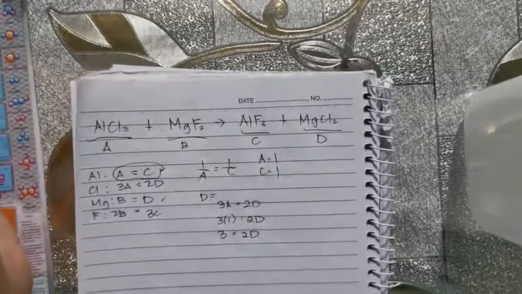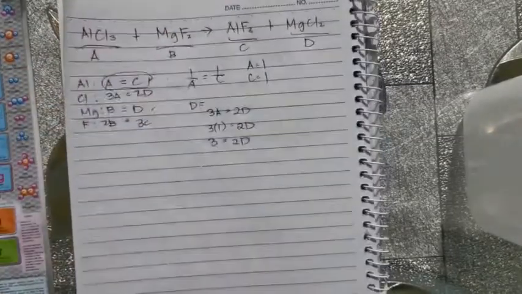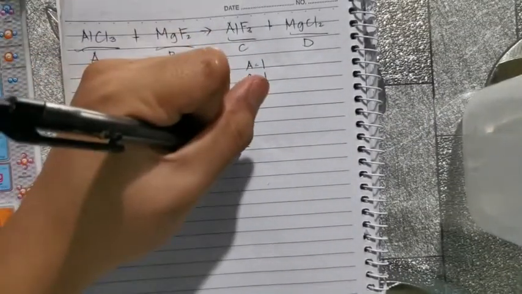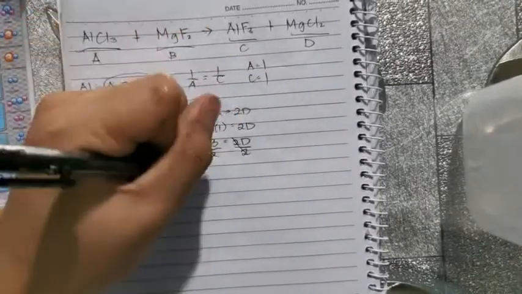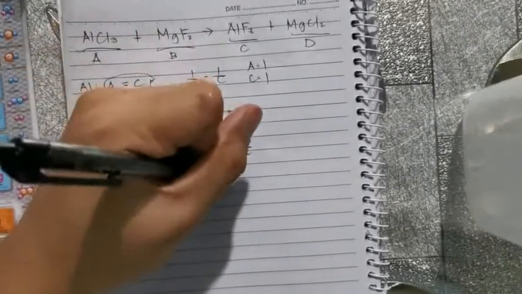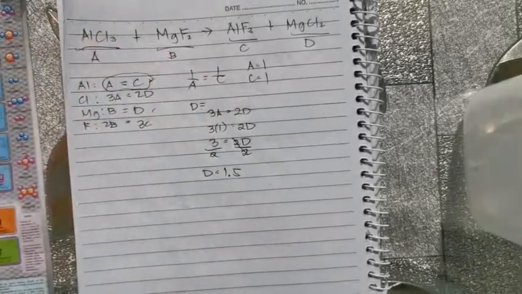Ngayon naman, we are going to divide both sides kung sino yung kasama ng letter na nawawala. So, divide both sides by 2. Cancel. D now is equal to 3 over 2 or 1.5. Okay. So, hayaan muna natin siya dyan.